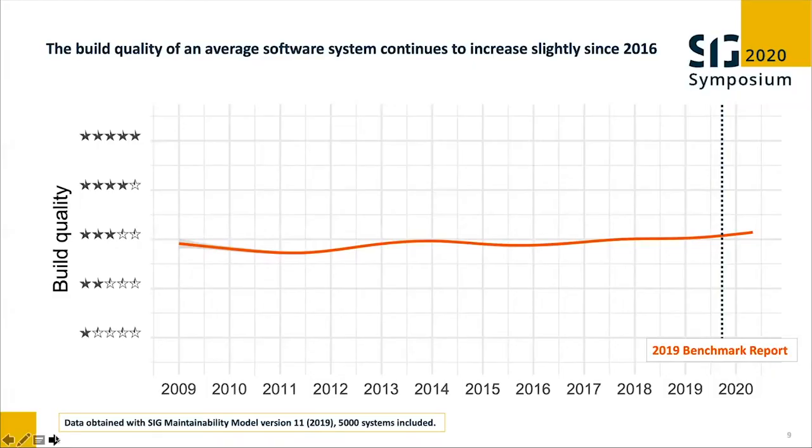What we observe here at the very end, where we reported last to you in 2019, is a very slight increase in that average, and actually that is continuing into 2020. So we can say the overall average that we see in quality is still going up very slightly.